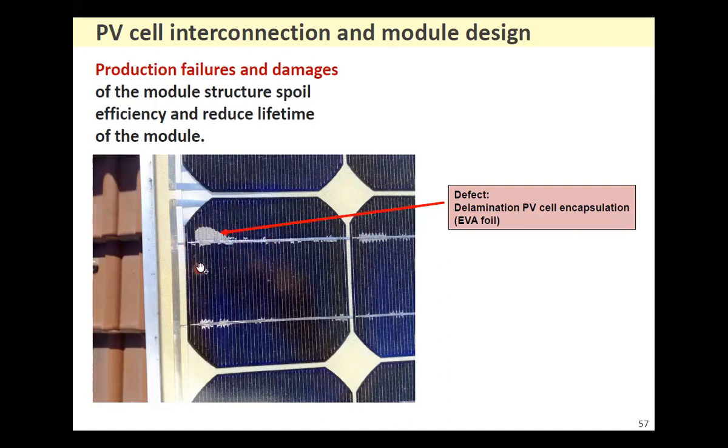So always look for this. You must ensure a proper visual inspection.